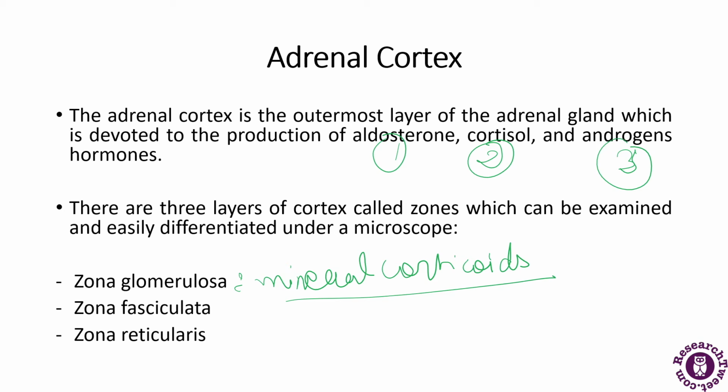The next is the zona fasciculata. It is responsible for producing glucocorticoids like cortisol, and it also secretes small quantities of androgen hormones such as testosterone and androstenedione. These are types of androgens.